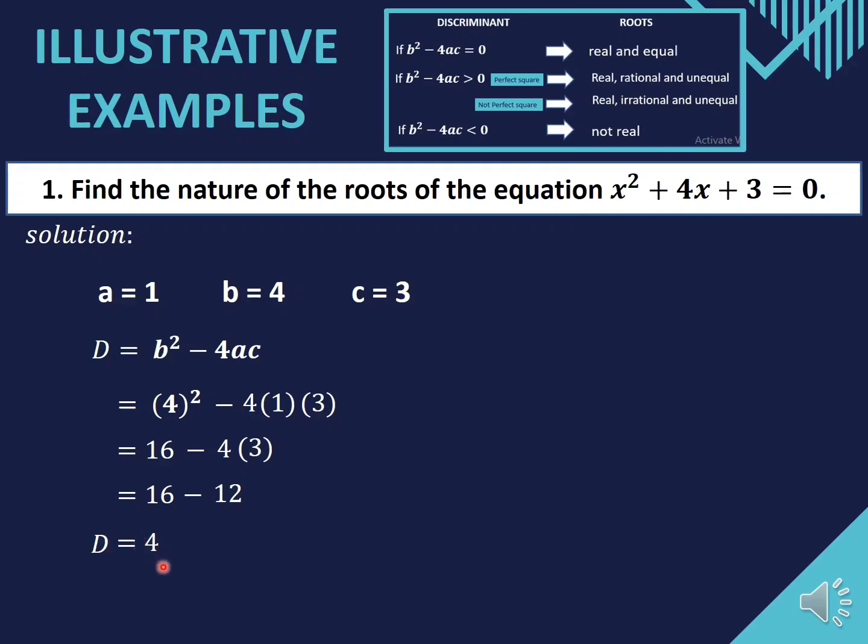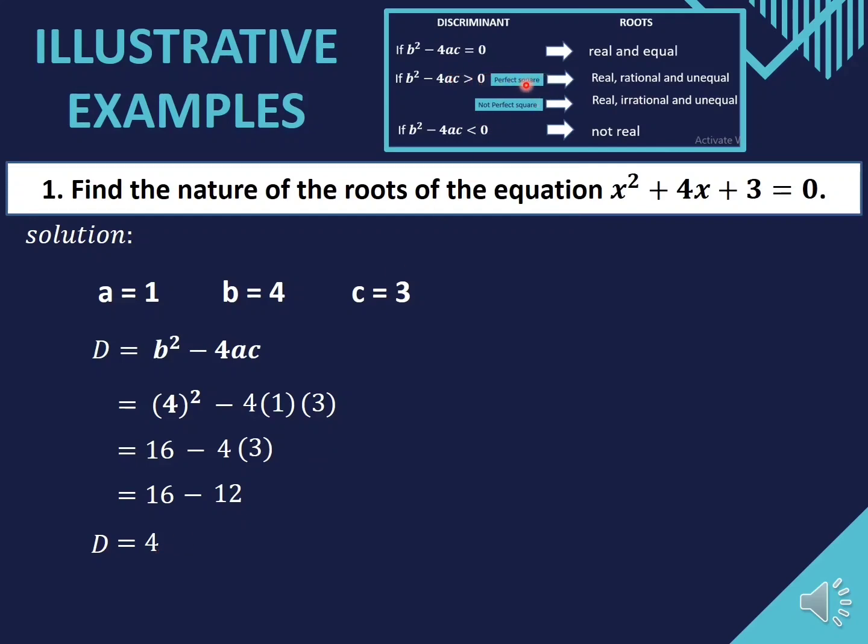Here, if the discriminant is equal to 4, then based on what we have learned, 4 is greater than 0, right? It is greater than 0, so it falls here. And is it a perfect or non-perfect square? Very good. That is a perfect square number.